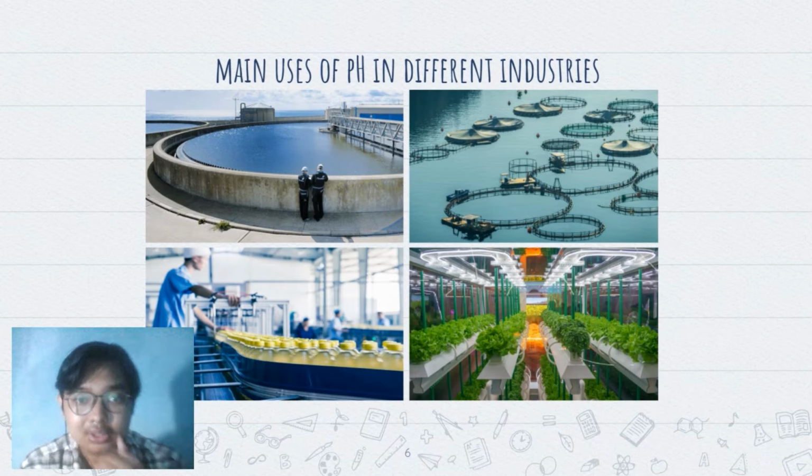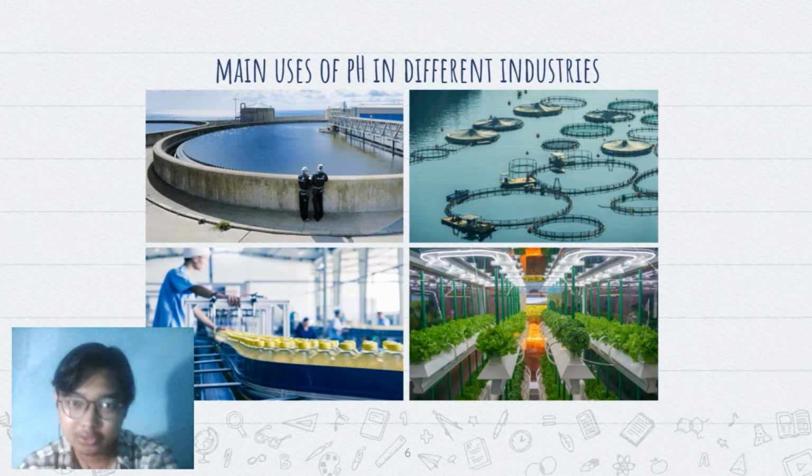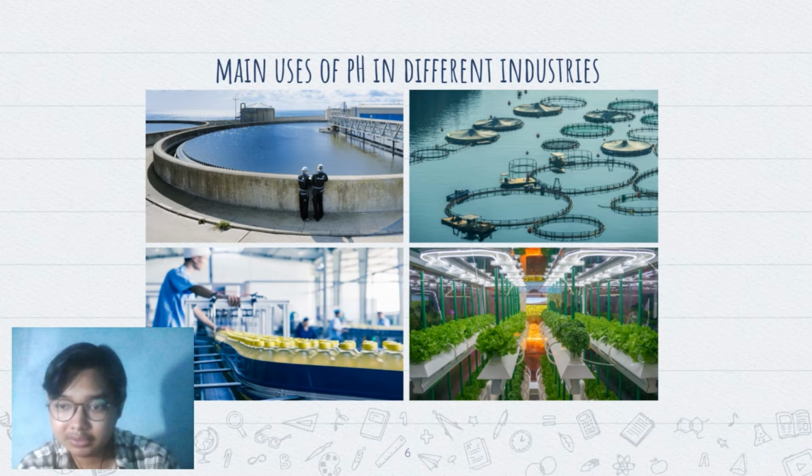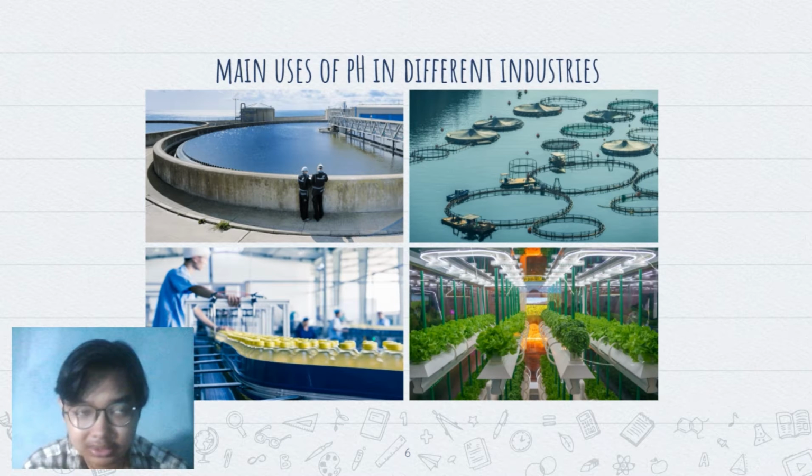Now, in this section, we will talk about some main uses of pH in different industries. For example, in wastewater treatment. We know wastewater could be dangerous.